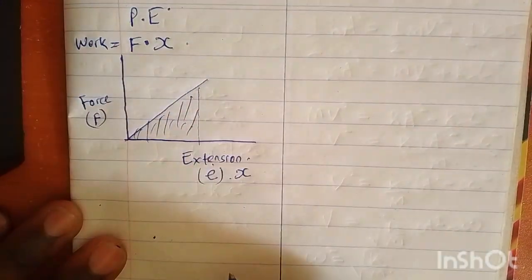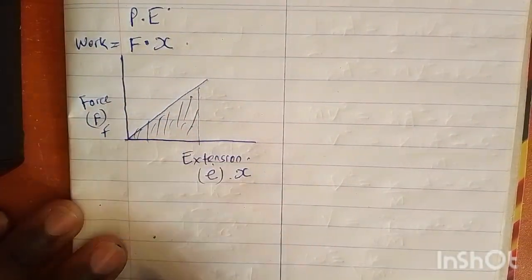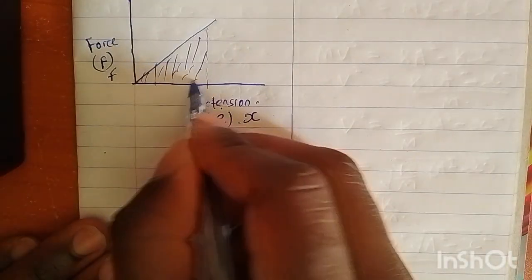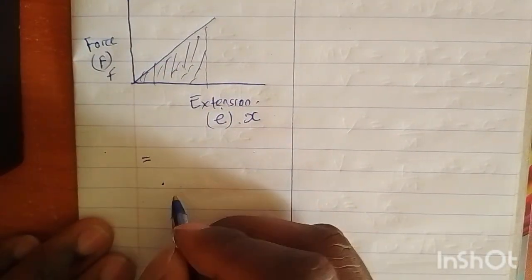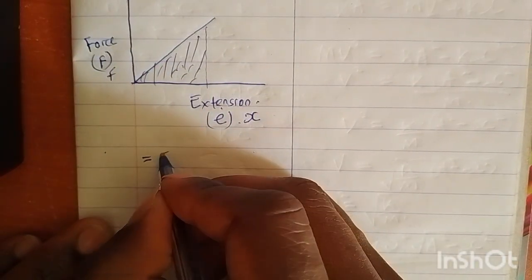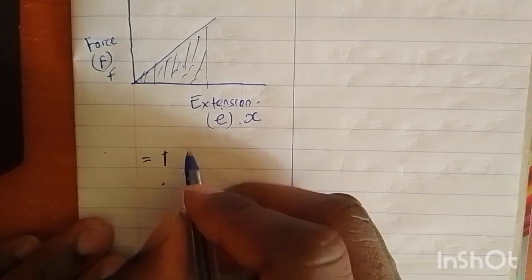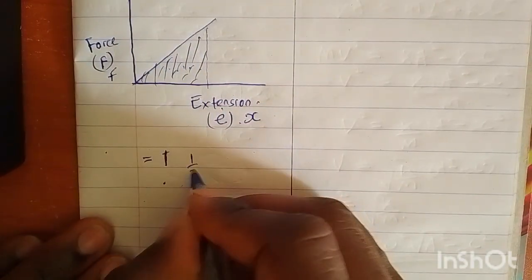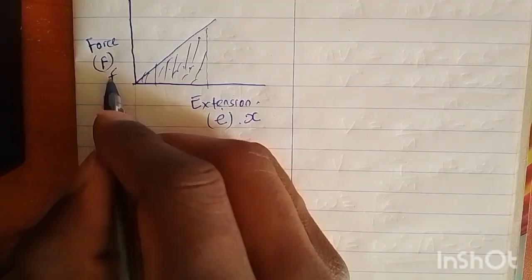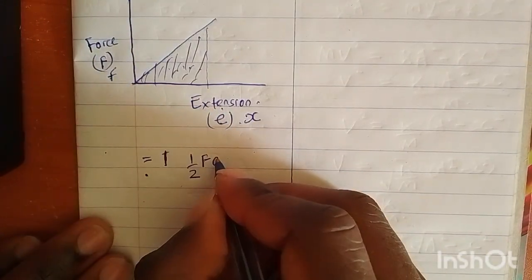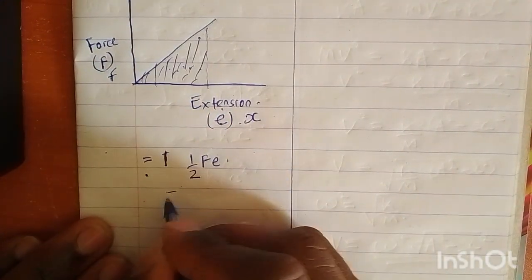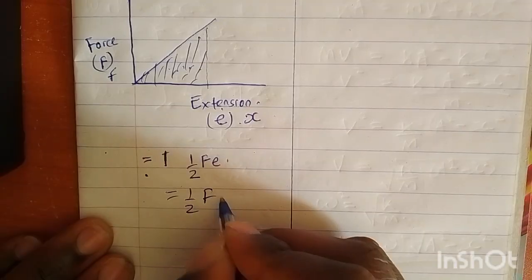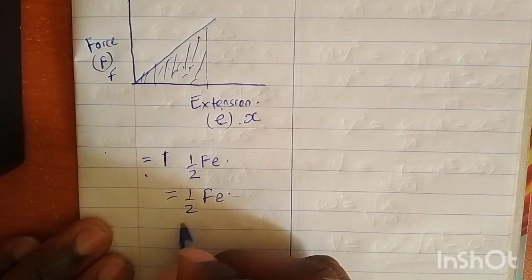Now the area under the graph is half F times the extension.